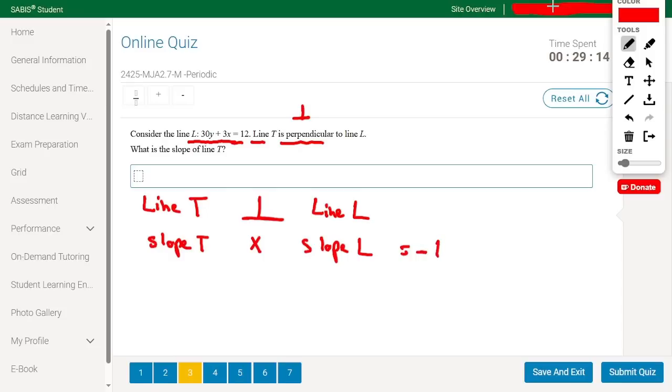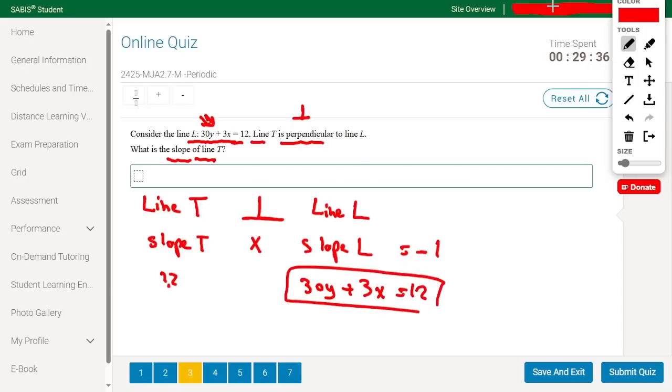Now, the question is asking for the slope of line T. So we need to get the slope of line T. Now, here we have the line L, which is 30y plus 3x equal to 12. So we'll get the slope of this line, and from it we'll get the slope of T.